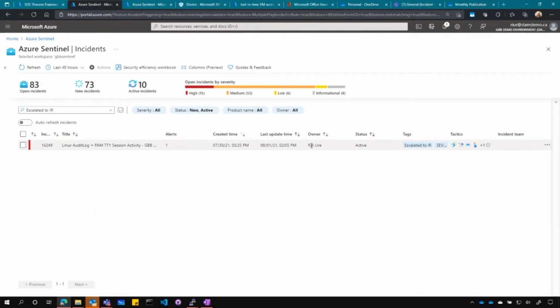Right now it's owned by me, but an incident responder on that team can take and change ownership, right? Once we give them the ability to escalate, they could come in and change that ownership. And here's the great part: Sentinel is going to track that change of ownership for you so that you can see when an incident changes hands.